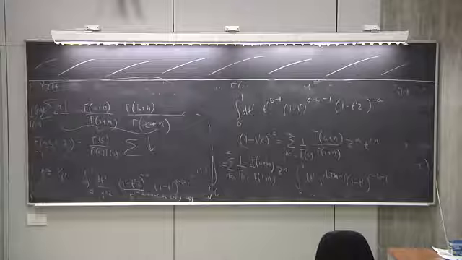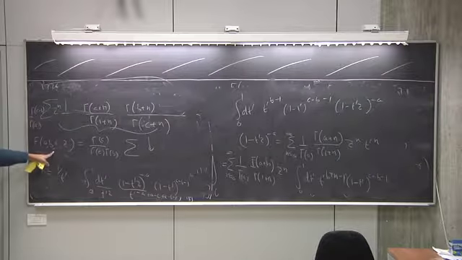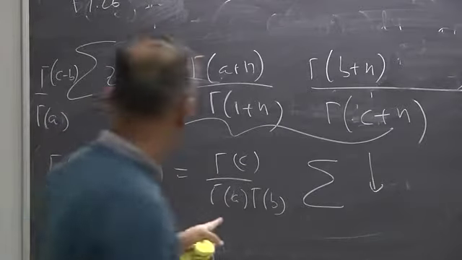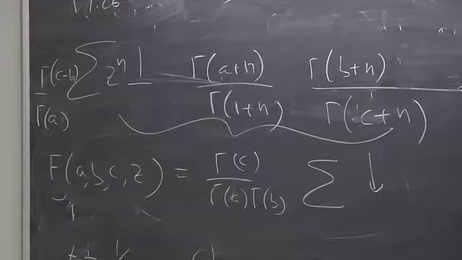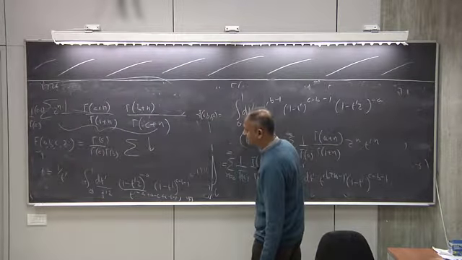Right? So up to an overall constant, this integral simply gives you F(A,B,C;Z). In fact, if you want to normalize it properly, F(A,B,C;Z) is simply equal to this.